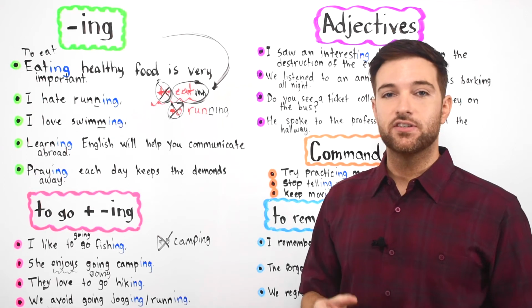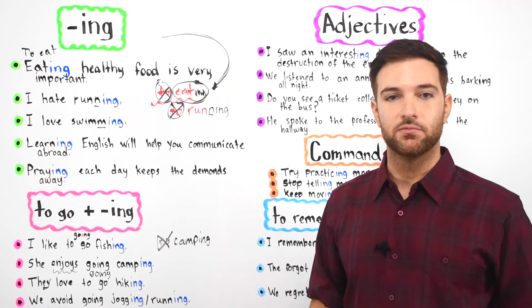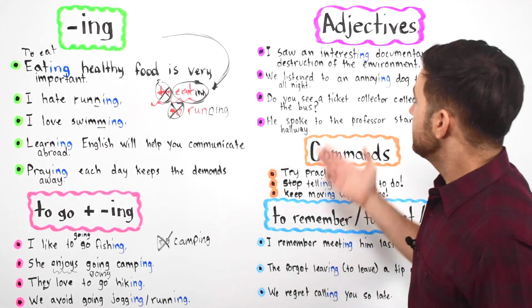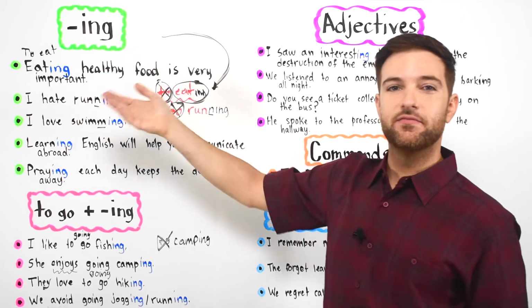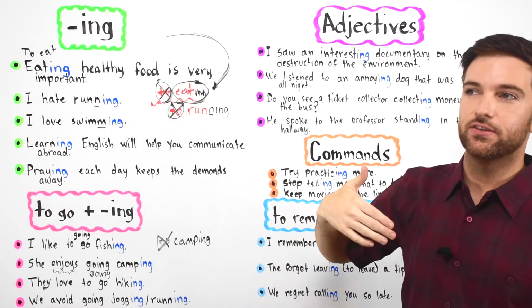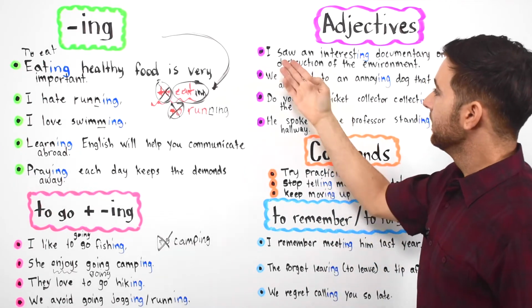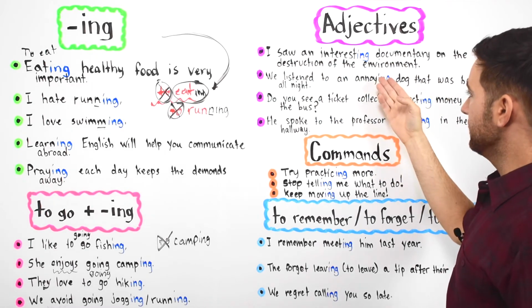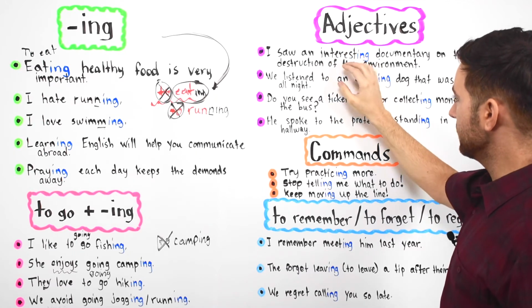An adjective describes the noun. It attributes qualities to them. And in these examples with the ing form, they're coming from verbs. So they're expressing actions. Okay? We're going to see this here. Adjectives. I saw an interesting documentary on the destruction of the environment. Again, we have to take interest, interest right here with ing.